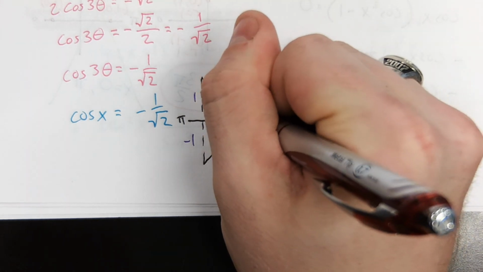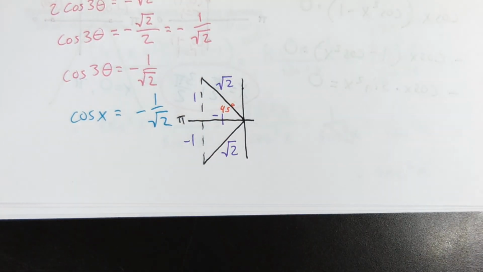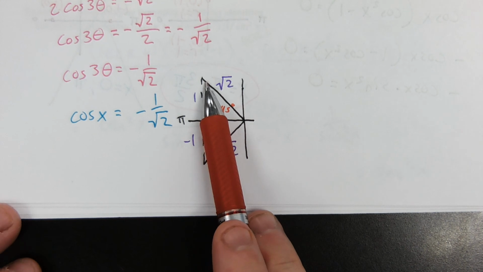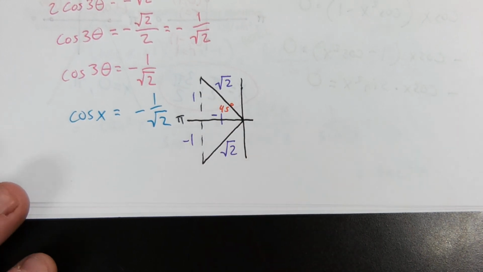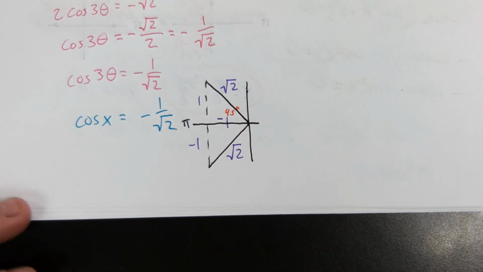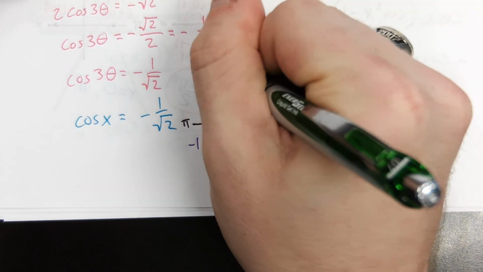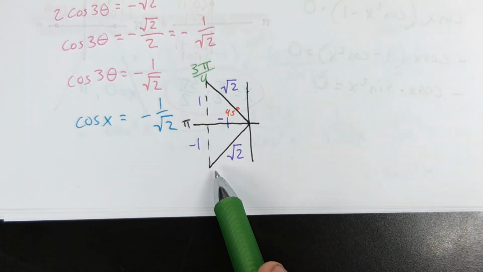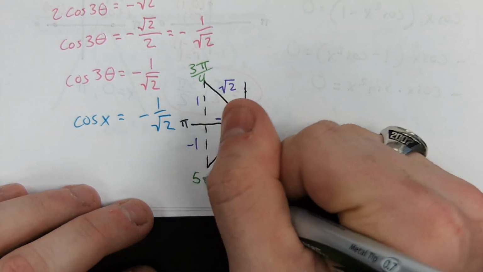Now, since we are trying to figure out what these are in radians, a 45-degree angle is what kind of radian angle? It's a pi over 4, but this one happens to be a pi over 4 before pi, so it would be 3 pi over 4. And this one happens to be a pi over 4 after pi, 5 pi over 4.